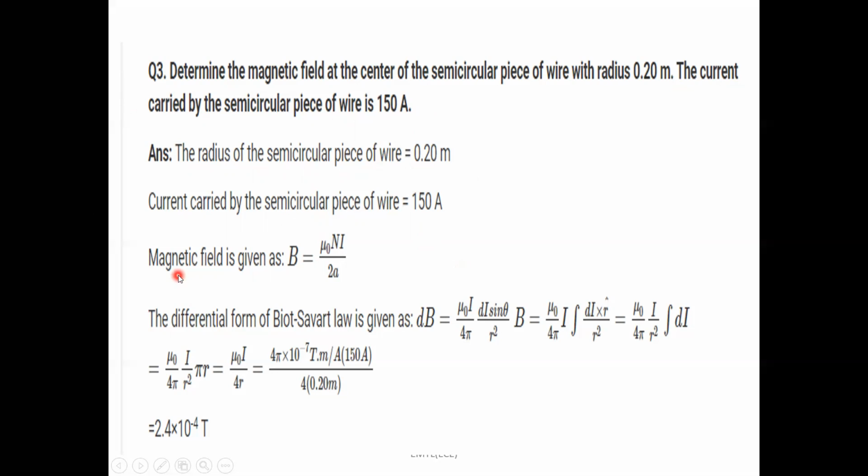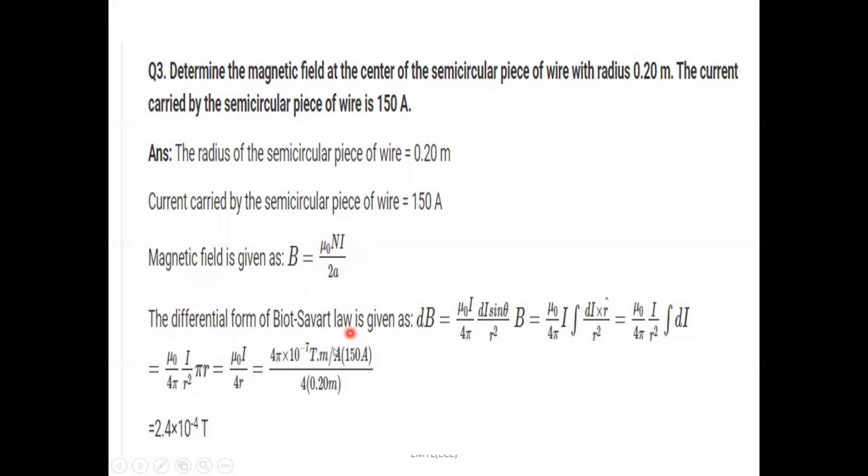Now, this is the expression of the magnetic field for a circular coil, B is equal to mu naught Ni by 2A. But here we cannot use this formula. Why? Because in this problem there is no value for N, the number of turns, and it is not a circular path, it is a semicircular piece.